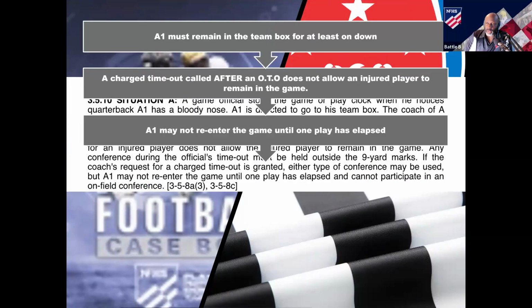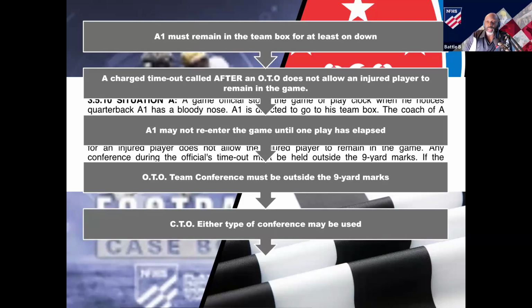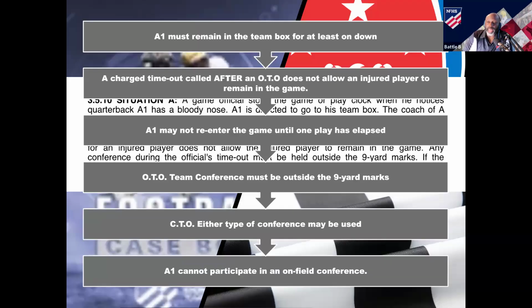A1 may not re-enter the game until one play elapses. An official timeout team conference must be outside the 9 yard marks unless we have a charge timeout, and now they can have it between the 9 yards or outside the 9 yard marks, and A1 cannot participate in an on-field conference.